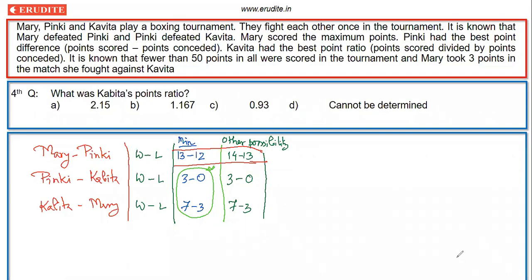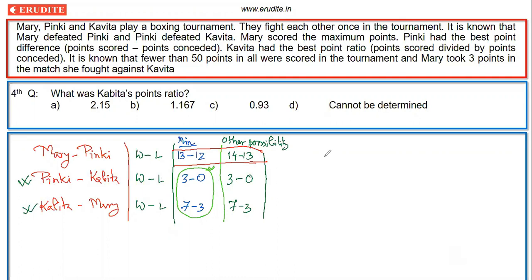Now in our fourth question, where it is demanding Kavita's point ratio, you can see Kavita is present in this case, Kavita is present here and here, which we are keeping constant. It needs to be constant.